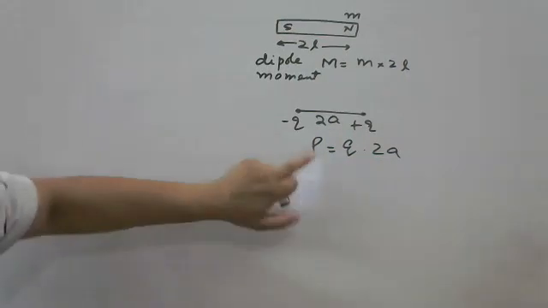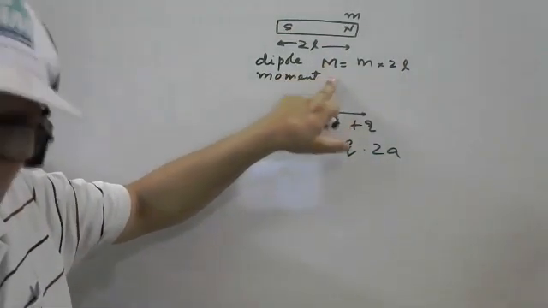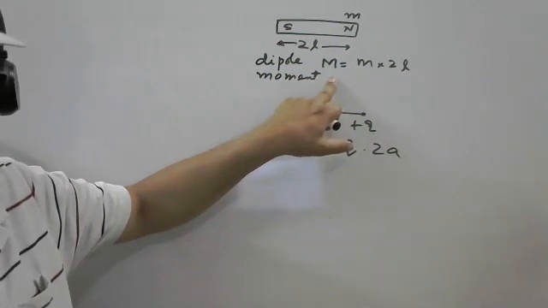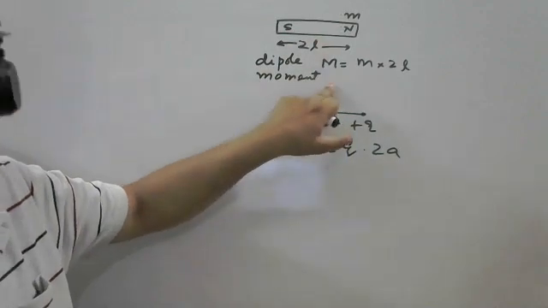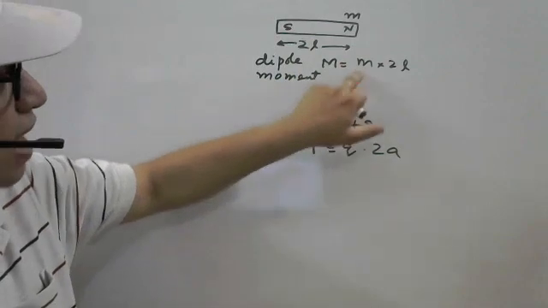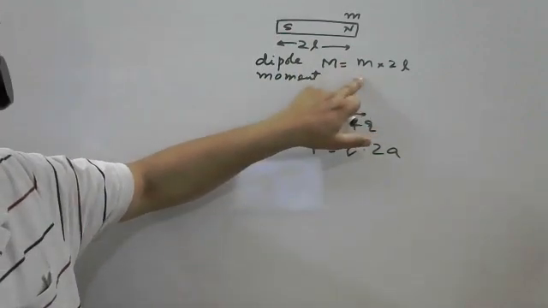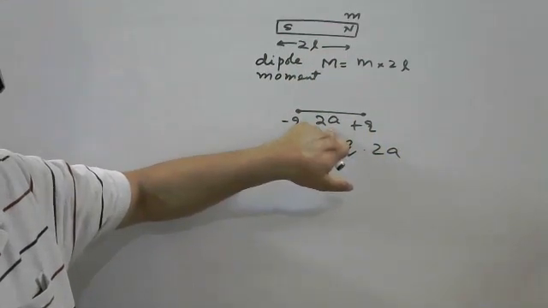It means P in electrostatics is equivalent to M in magnetism. Q is equivalent to m, Q is charge, m is pole strength, and the separation you can write as 2a or 2l, no problem.